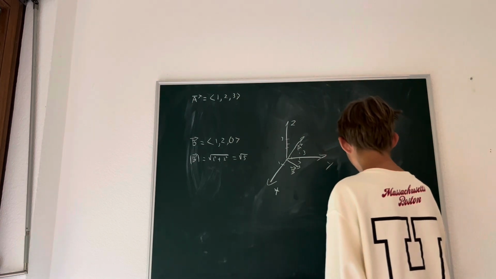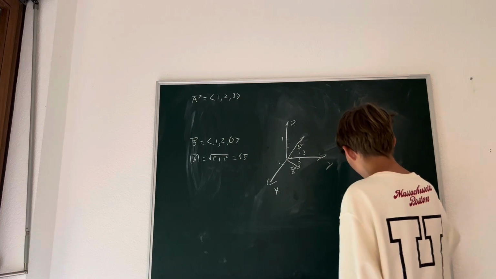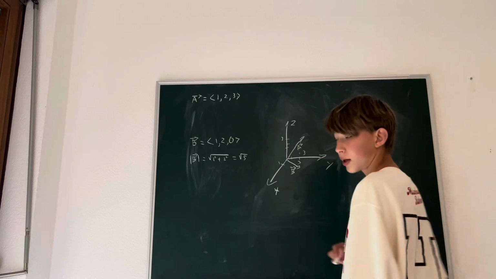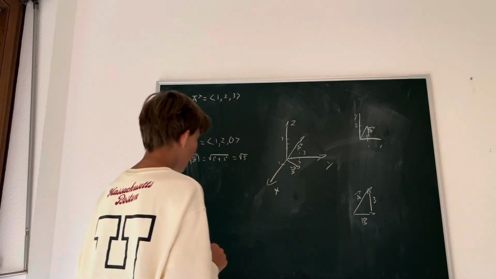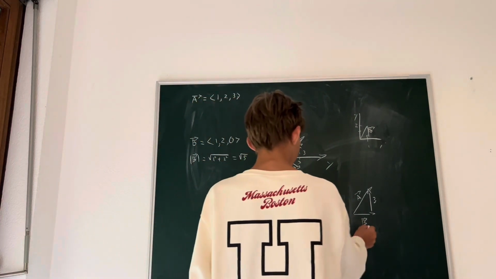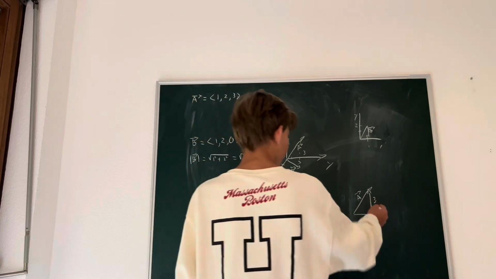We can find the magnitude of this, so this is going to be vector A. The magnitude here is just square root 5, and this is 3.